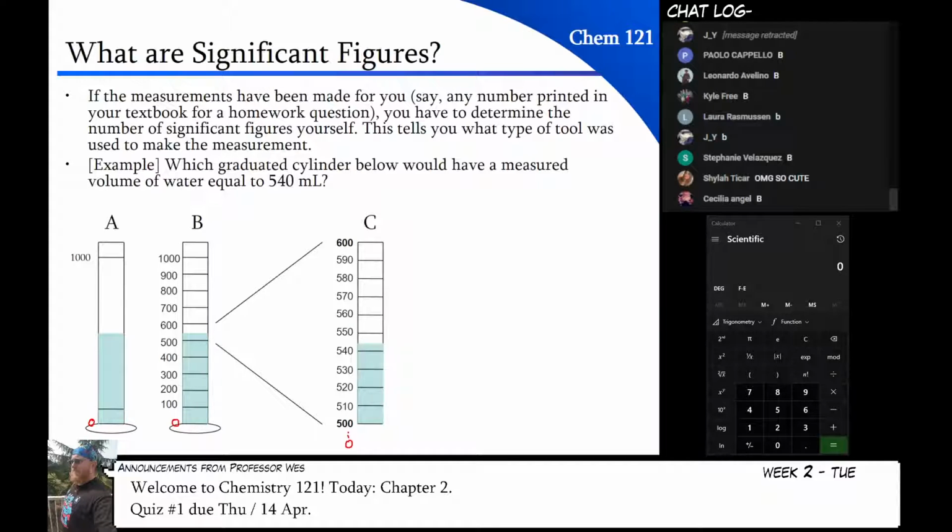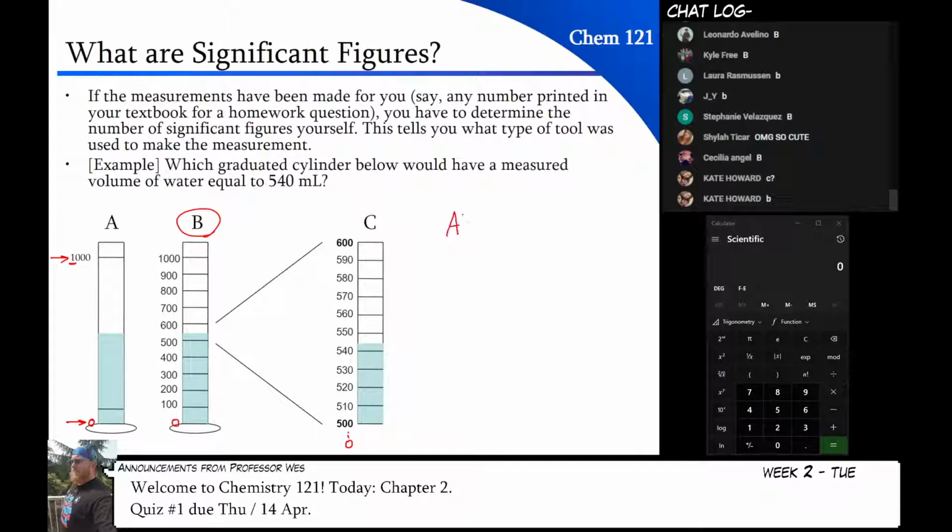All right. Everybody said B, and that's the correct answer. So, very good. Now, why is B the correct answer? Let's follow the rules for measuring and see what we can do. For graduated cylinder A, you'll notice that there are marks for every 1,000. And so my marks here would be 0,000 and 1,000.